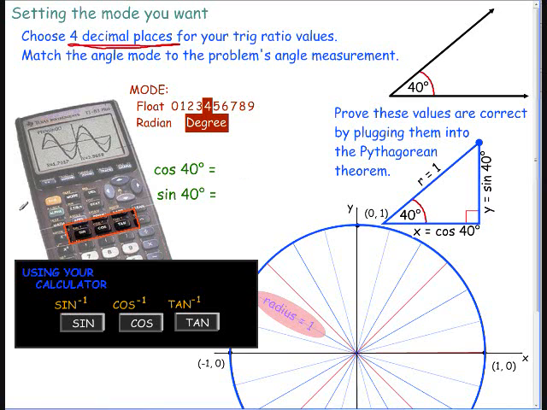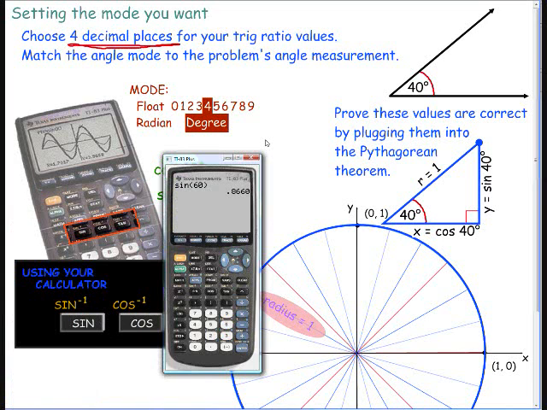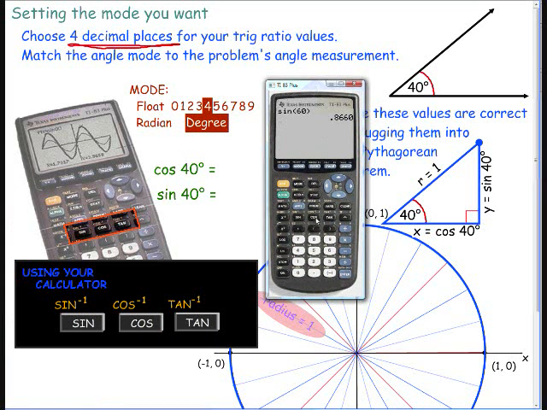The cosine of 40 degrees, let's do that one. Cosine 40 degrees, 0.7660. The sine of 40 degrees, I actually don't have to close off that parenthesis, 0.6420. Remember what we discovered about cofunctions?